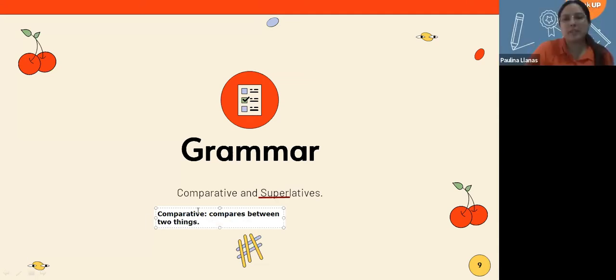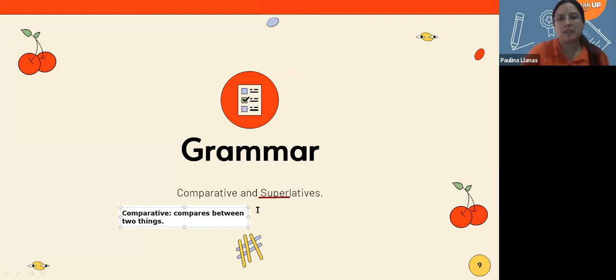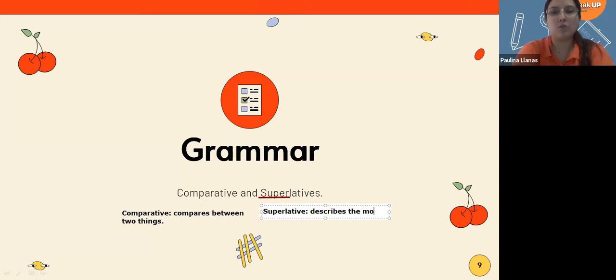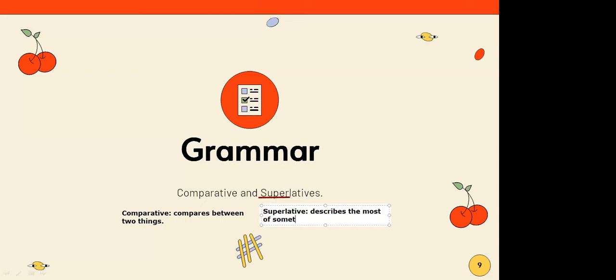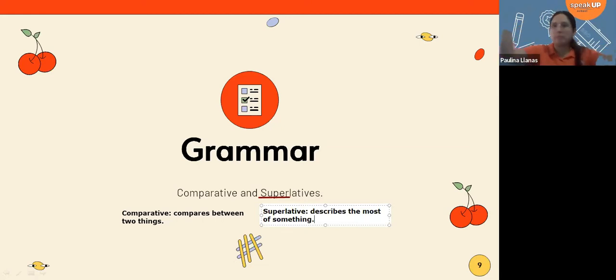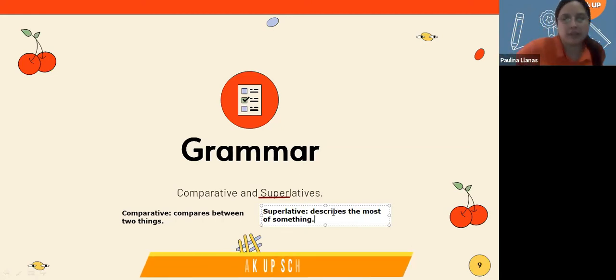Okay, so the comparative compares between two things. And the superlative describes the most of something. Okay, the most, the top. Which one is the top of that category?